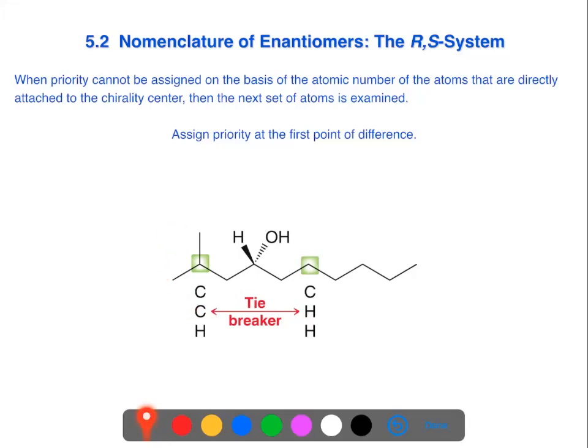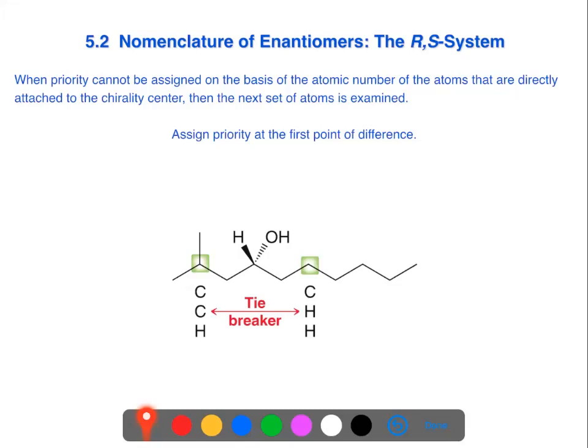If we compare this carbon with this carbon, they're identical in every way. There are two hydrogens attached to this carbon, two hydrogens attached to this carbon, another neighboring carbon attached, another neighboring carbon attached. So these two CH2 groups are indistinguishable in terms of our priority rules.